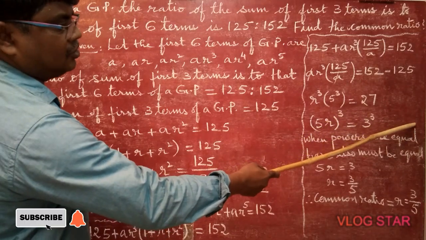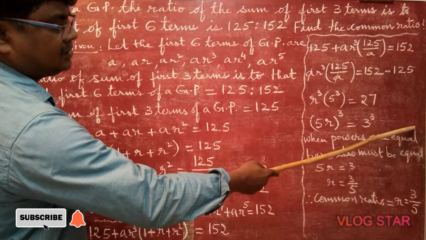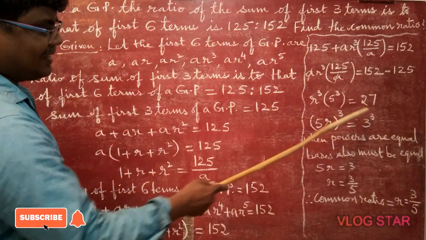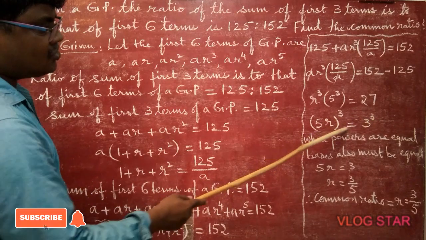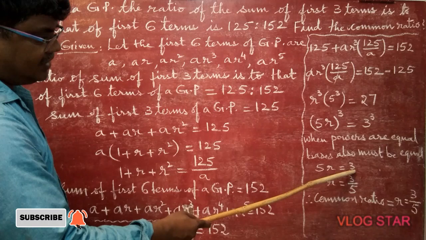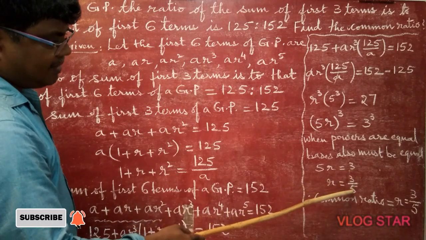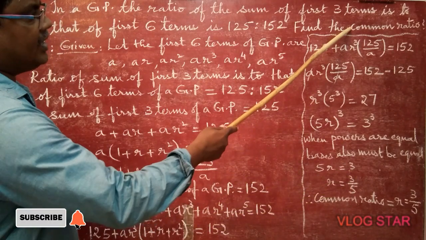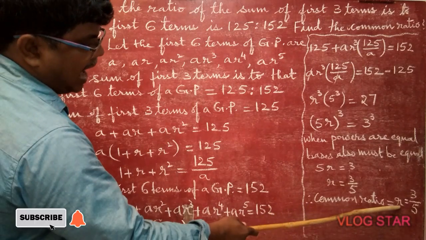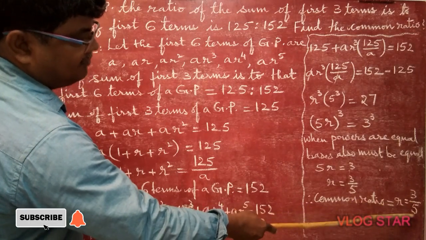You know 3 goes into 27 nine times, and 3 goes into 9 three times, so 3 cube. When powers are equal, bases must also be equal. So 5R is equal to 3, R is equal to 3 by 5. They told us to find the common ratio, and we got it. Therefore the common ratio R is equal to 3 by 5.